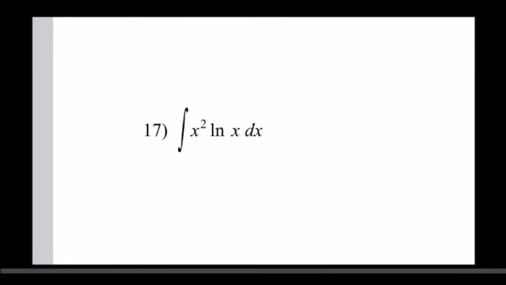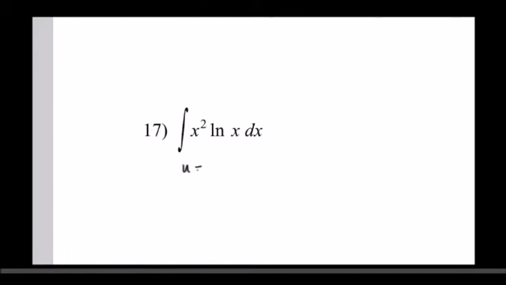Number 17, it is typical or common when you have a product, something times something, and one of the factors of that product is a natural log. It is typical that we use integration by parts, and usually you let the natural log part of it be your u value.